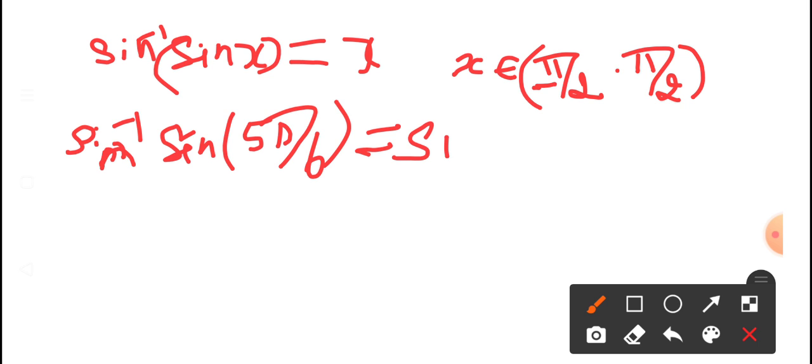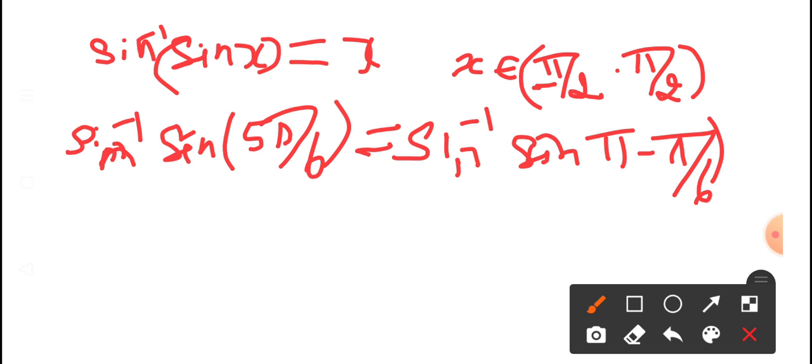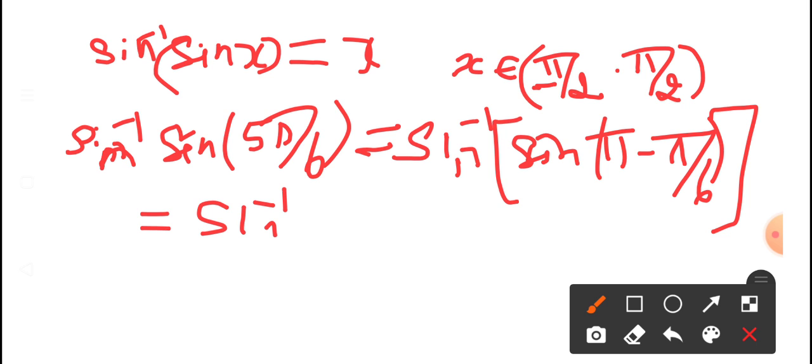How do we change it? Sin inverse of sin of pi minus pi by 6. Can we write sin inverse of sin of pi minus pi by 6? You take the LCM: 6 pi minus pi, what is the answer? 5 pi by 6. Okay, this is possible. Now sin inverse of sin of pi minus theta.